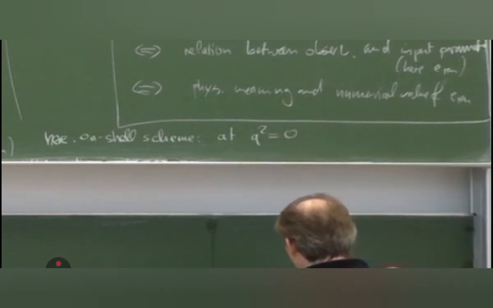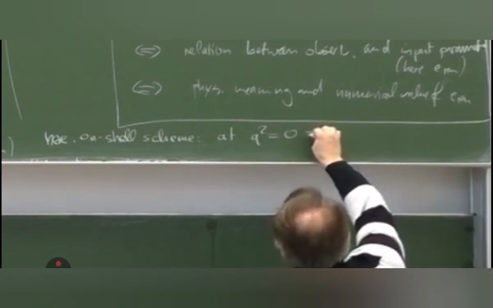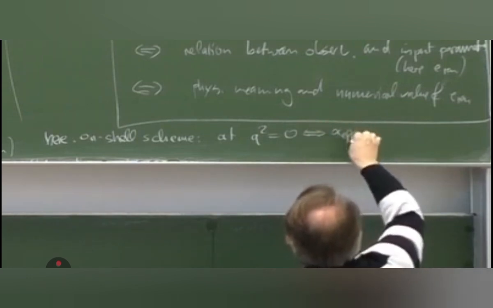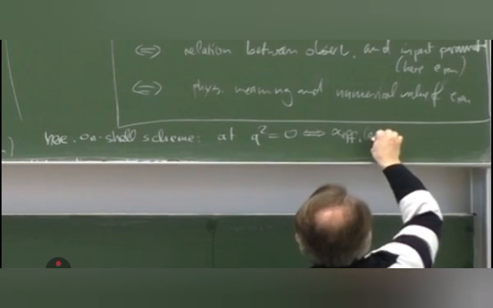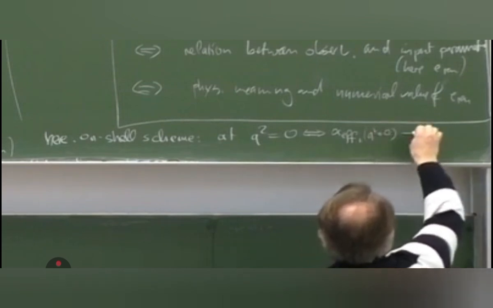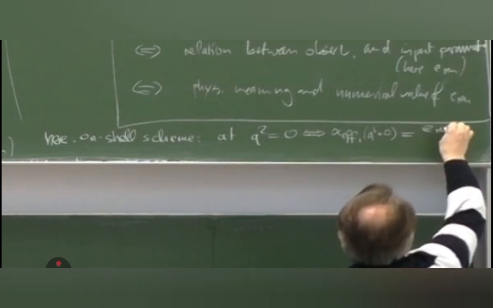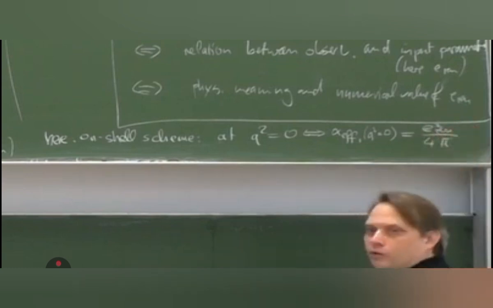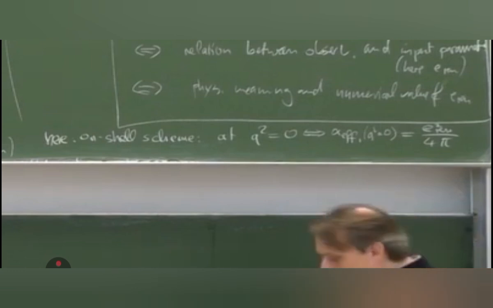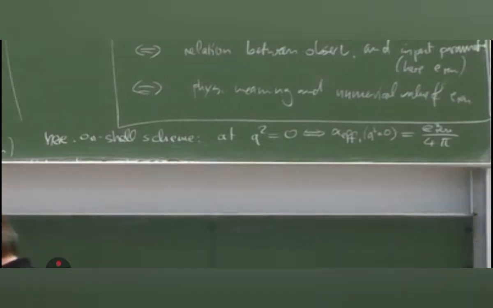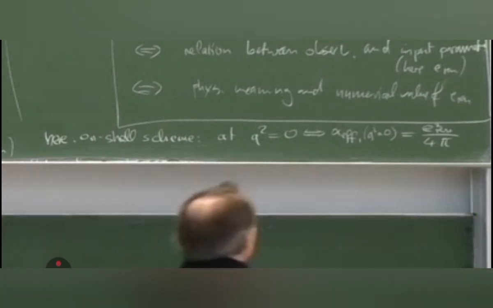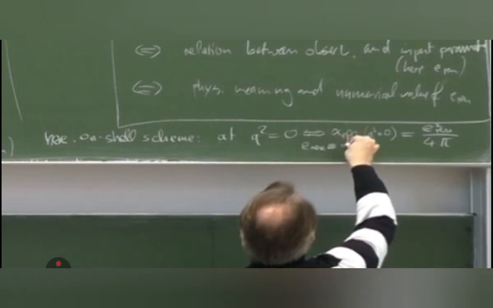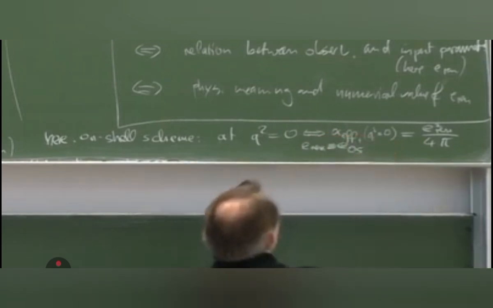so Q square equals 0 corresponds to the on-shell relation for the photon mass. Let us require that at this momentum, the alpha effective at Q square equals 0 is just given by the tree-level relationship E square renormalized divided by 4 pi. That is our requirement. And then we call E renormalized in that scheme E_OS, for on-shell scheme.